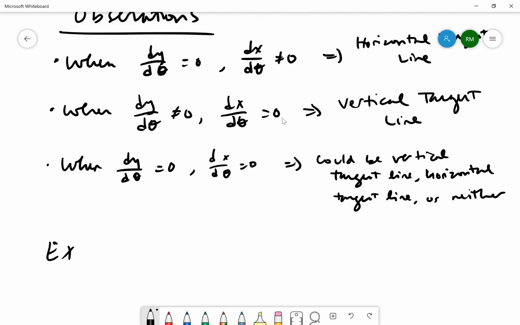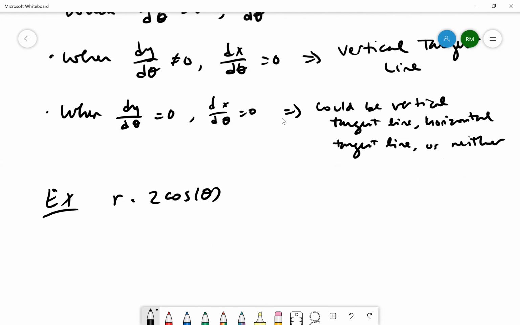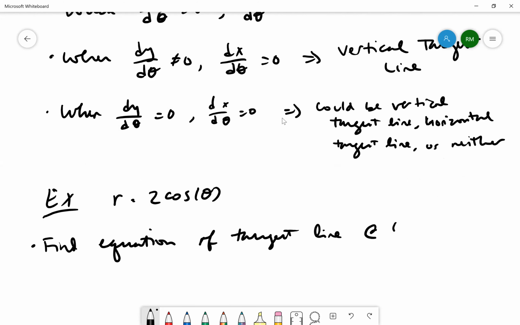So let's do an example where we look at the equation r equals 2 cosine of theta. First I'm going to find the equation of the tangent line at theta equals pi over 2. Well, I need to find what dy dx is.